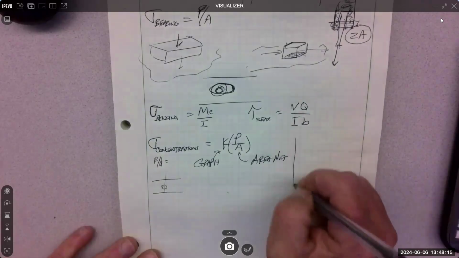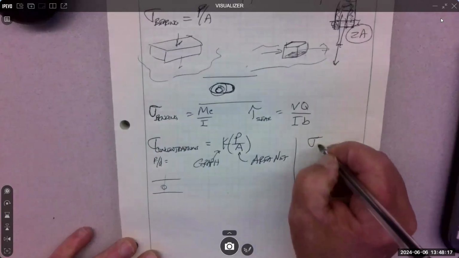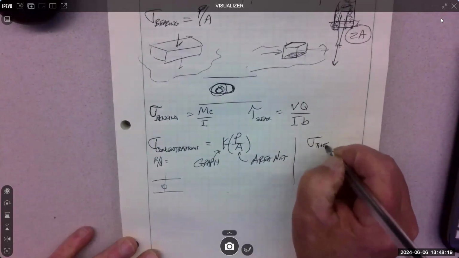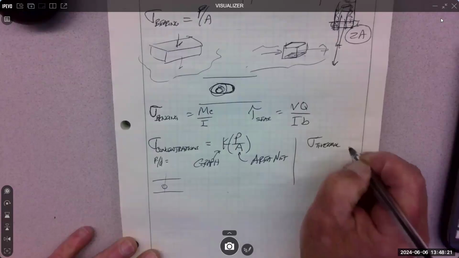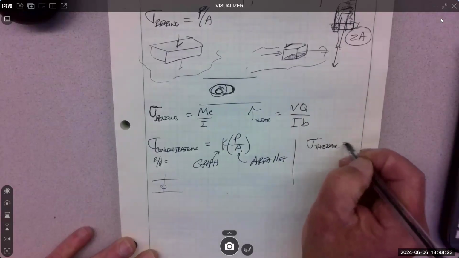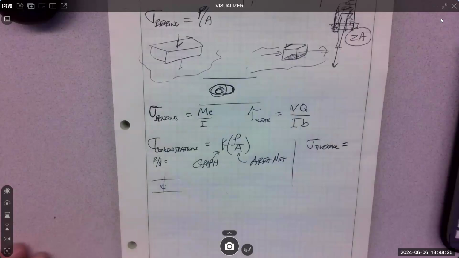And then there was thermal stress. When do we get thermal stresses? Like when would we calculate them? When it's outside. And then it's compressed. You're close, I like it.